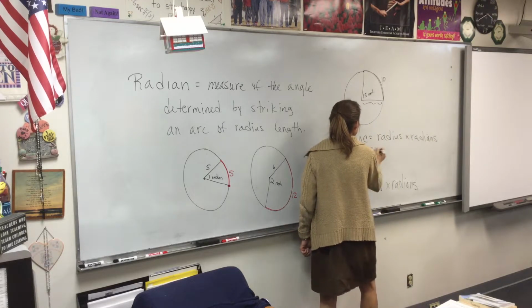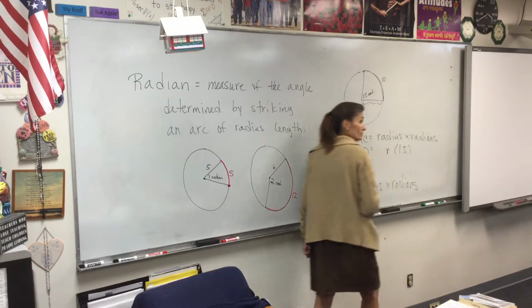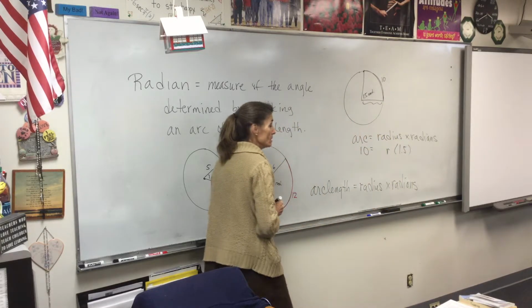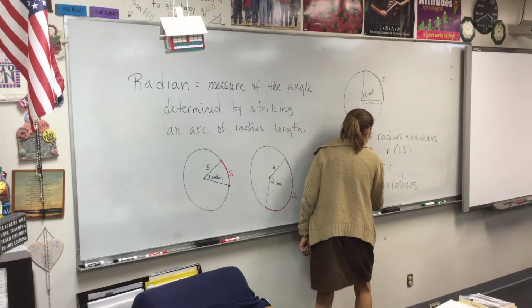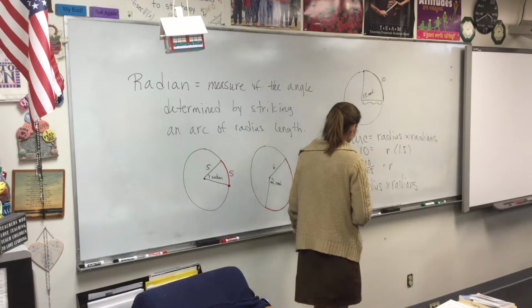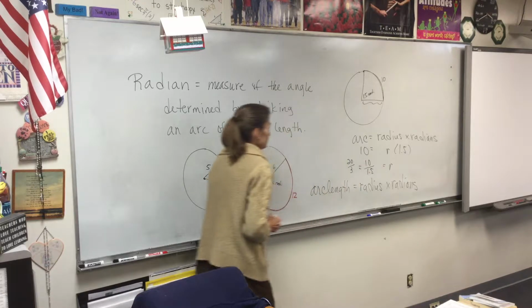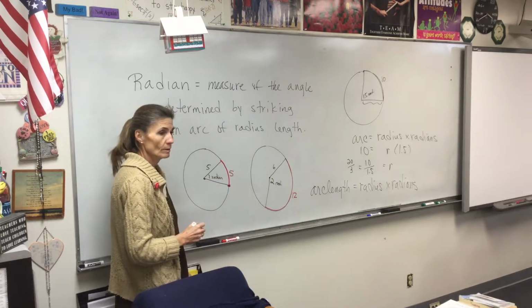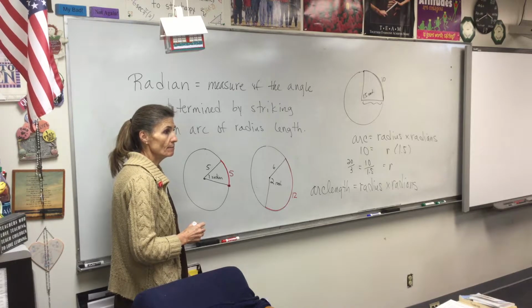So 10 equals r times 1.5. So what does the radius equal? 10 divided by 1.5, which is 6.6. So 20 thirds? Yeah. That's pretty easy, isn't it?